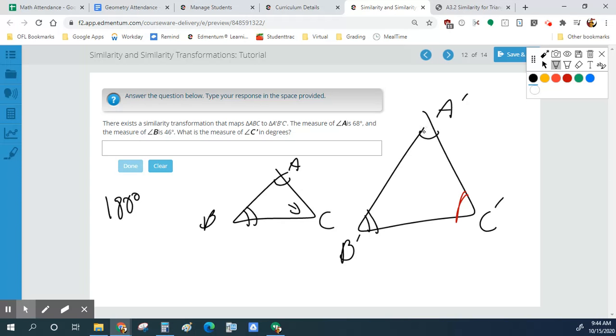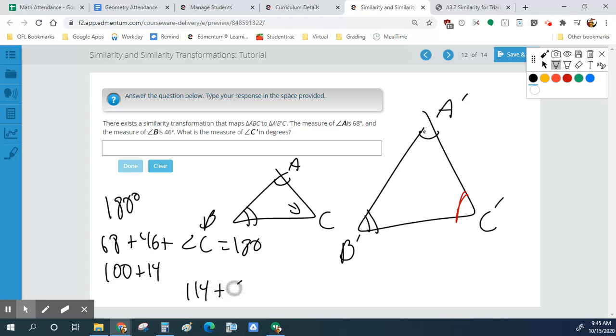So basically 68 plus 46 plus whatever angle C is equals 180. From here, we're going to add these two. So 40 plus 60 is 100. And then 8 plus 6 is 14. So we get 114 plus angle C.